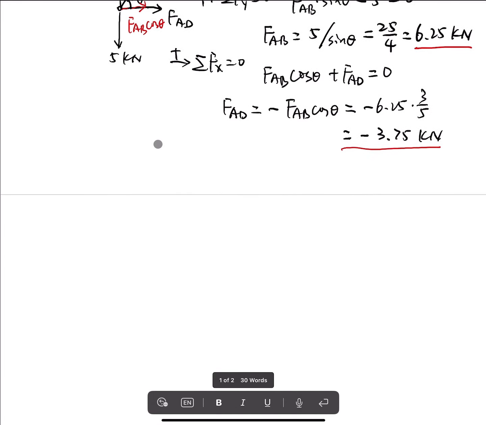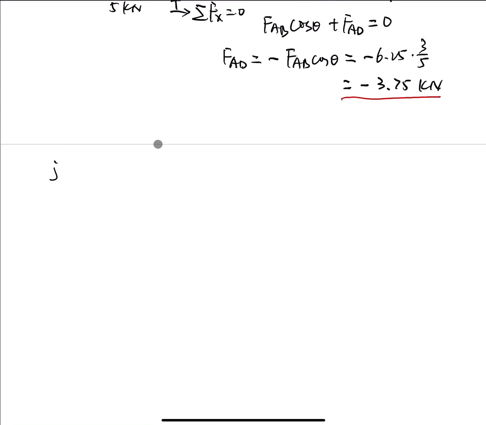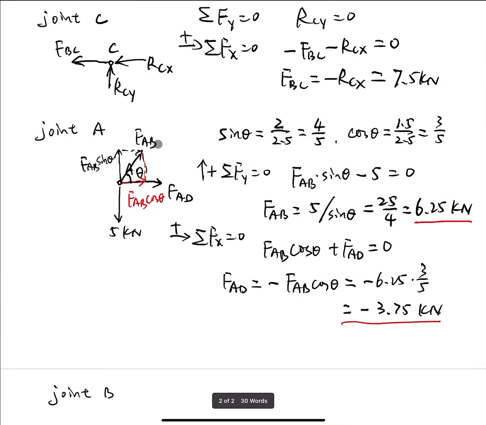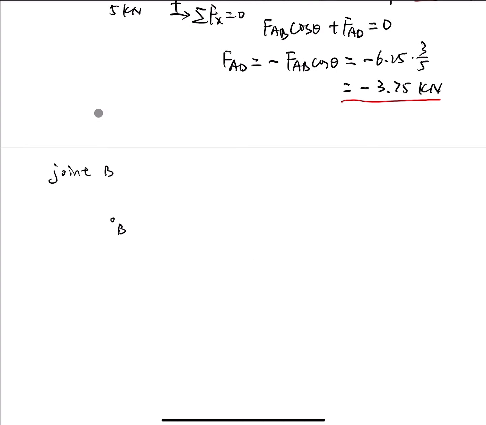If we draw the free body diagram of joint B, this is joint B, and at joint B we have 3 members: BC, BA, and BD. So FBC, FBA, and FBD.